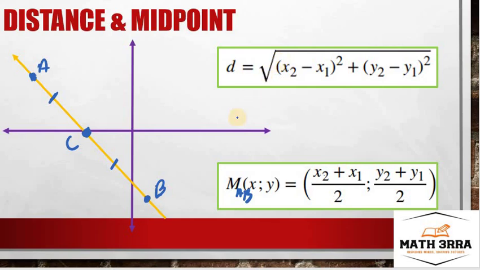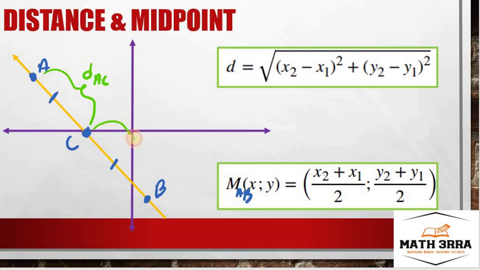And then we've got the distance. If we know the coordinates of A, B and C, we can calculate the distance between the 2 points we know. If we know the coordinates of A and C, then we can calculate the distance of AC.